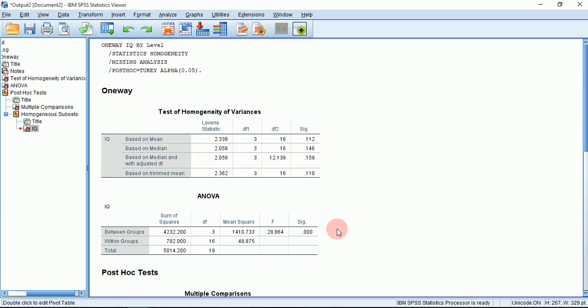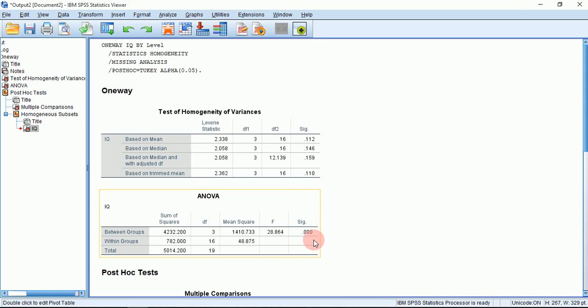However, the rule related with any p-value or significance of any hypothesis test is that if the significance or p-value is less than 0.05, we have to reject the null hypothesis. Otherwise, if the p-value or significance value is greater than 0.05, we have to accept the null hypothesis.